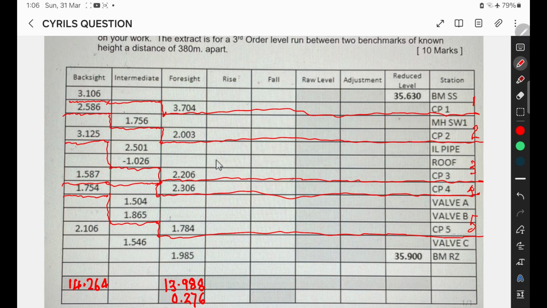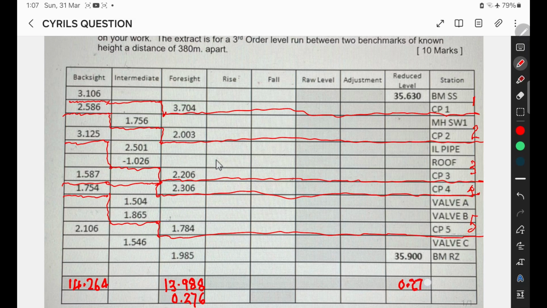Now here we've got the reduced levels of BMSS and BMRZ. If we subtract one from the other, 35.63 from 90, we get 0.270.